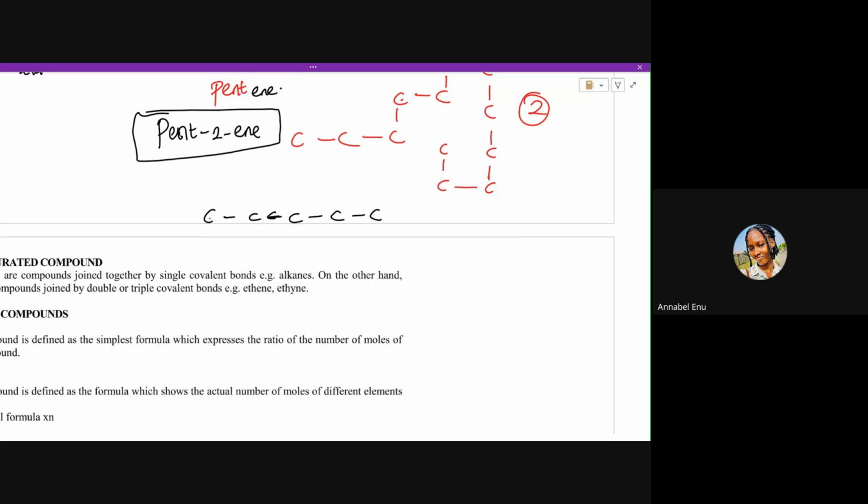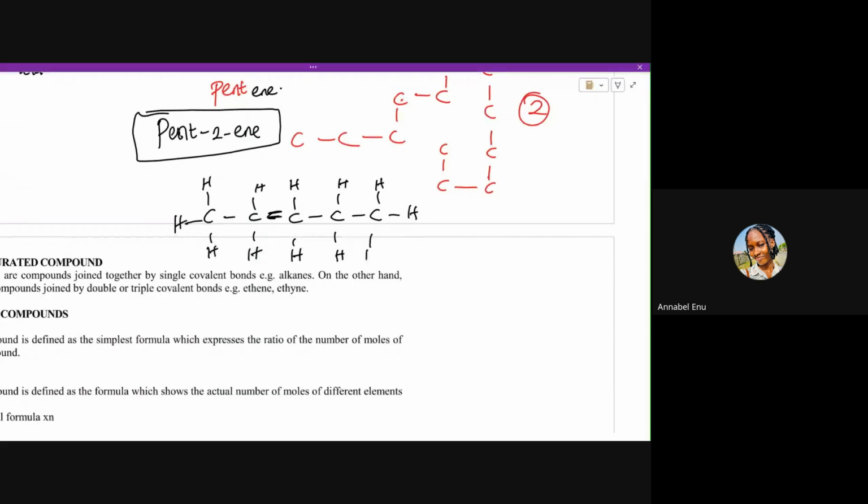Then 2-ene tells us we have a double bond at the second position, so we have drawn an accurate structure as the first one. So we now have H here, H here, H here, H here, H here. So this is pent-2-ene. I'm now drawing it from the name.